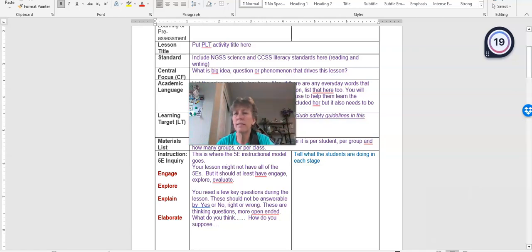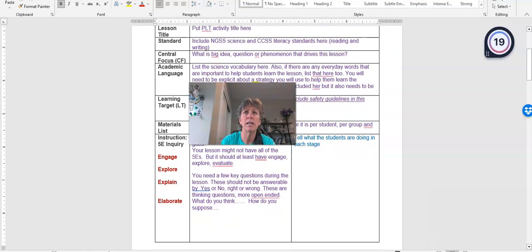So you may decide to have students use a word wall or sentence frames, or give them concept cards that have vocabulary, or have them track vocabulary in their notebook as they encounter it. So all of those are strategies that you could use for teaching academic language. Just make sure whatever you identify here is also included in your description of the lesson down here.